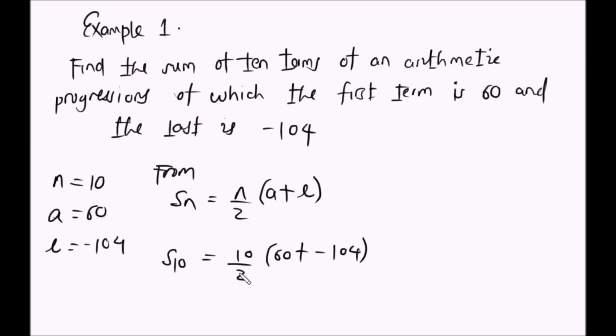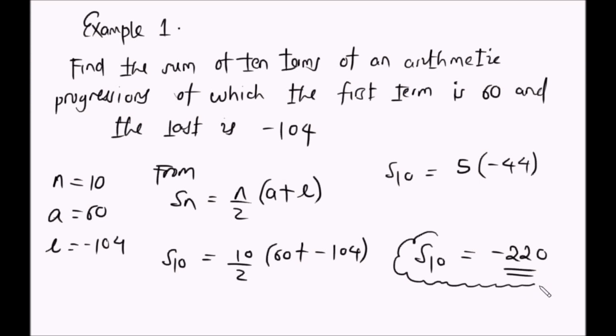So this is just going to be 5 times negative 44. So you can see the sum of these 10 terms is just negative 220. This is example 1. So simple. Let's now see example 2.